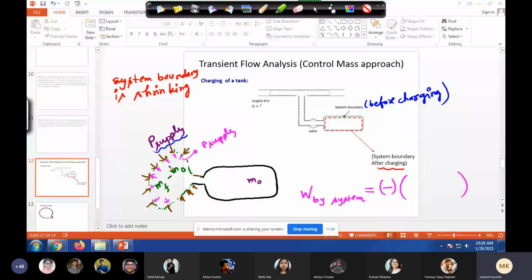If you assume that, what will be the work done? So work done by system is minus, and then you can say work done on the system. What will it be? We are compressing the gas with pressure P supply. And then how much are we compressing the gas? How much is the change in the volume? Which component is getting compressed? MF minus M naught, right? Not whole MF. Only MF minus M naught is getting compressed, right? And how much is the change in volume? How much will this volume change? Anyone?